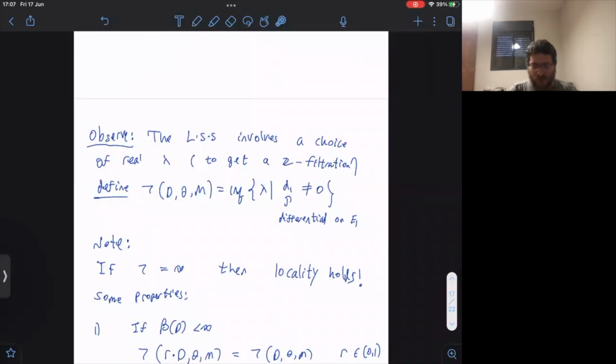So one can use this locality spectral sequence to define a real invariant of embeddings. The real invariant is defined as follows. The locality spectral sequence I was talking about requires you to choose a real number lambda in order to get a Z filtration. The filtration is just deciding what windows you're looking at.